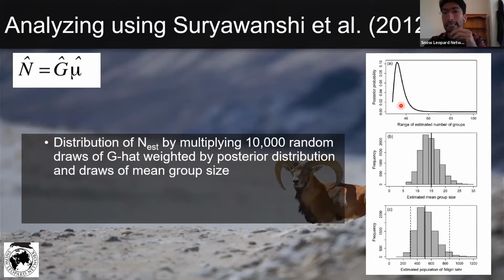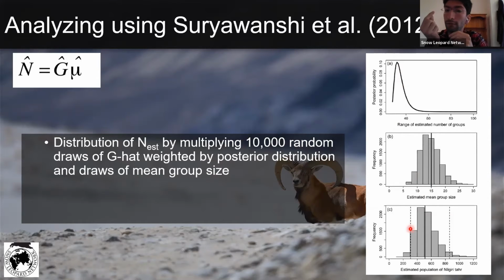As you can already see, logically, what that would mean is that there is a high likelihood of this group number coming out more, but there will be some likelihood of these other numbers coming out as well. And then we multiply that by drawing means of group sizes from here.